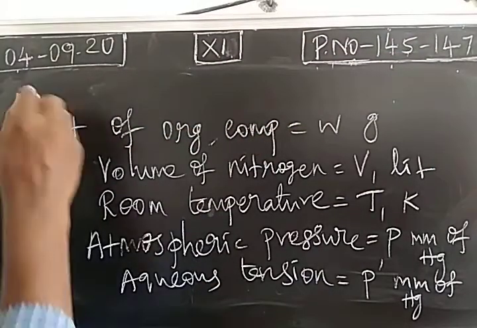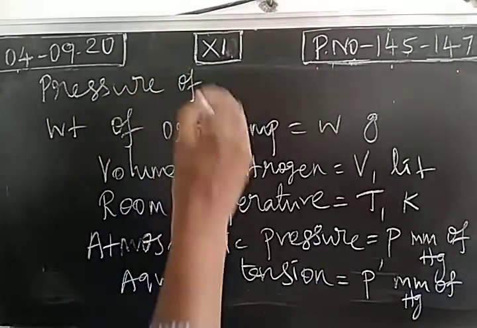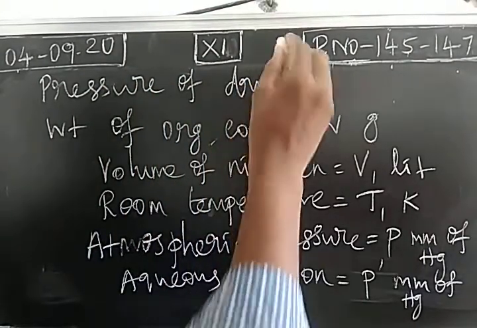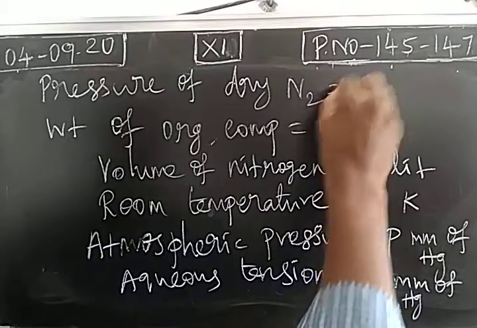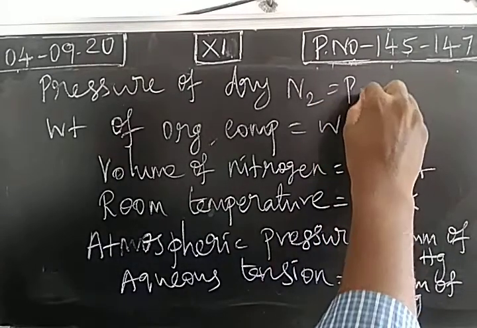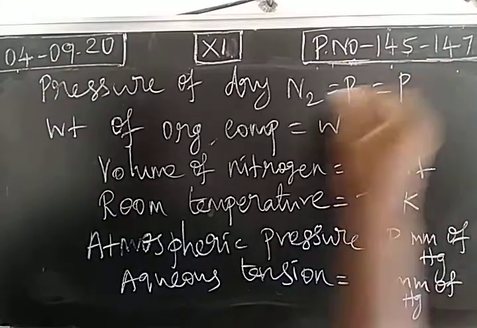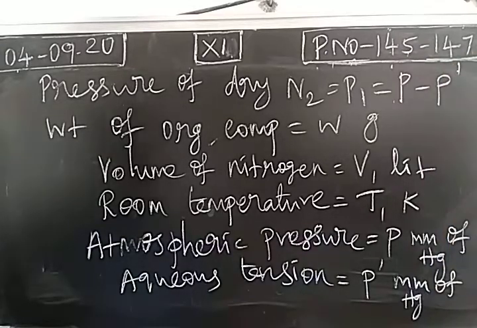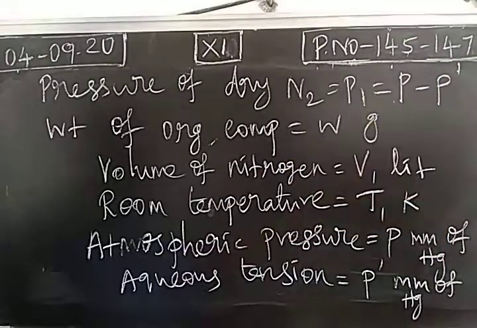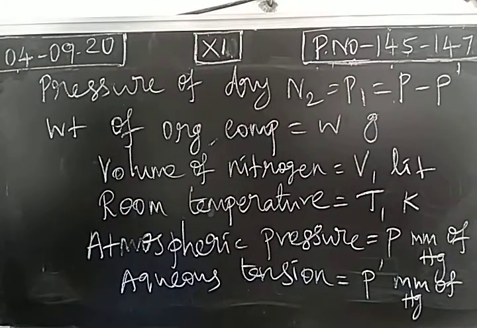So now, the pressure of dry nitrogen at room temperature is taken as P1 millimeter of mercury. This can be calculated from the atmospheric pressure and aqueous tension. So P minus P dash is nothing but the pressure of dry nitrogen, with the same unit, millimeter of mercury.